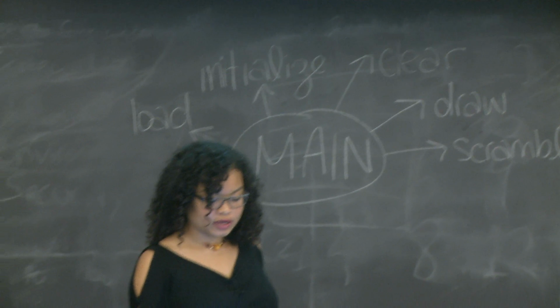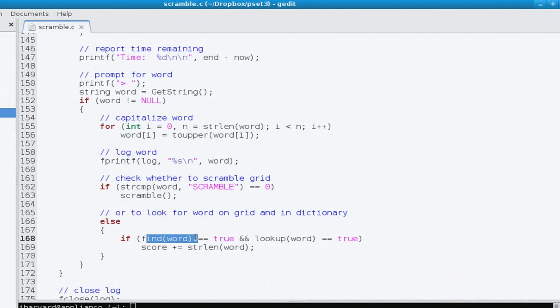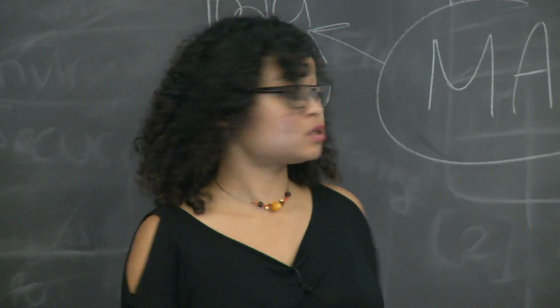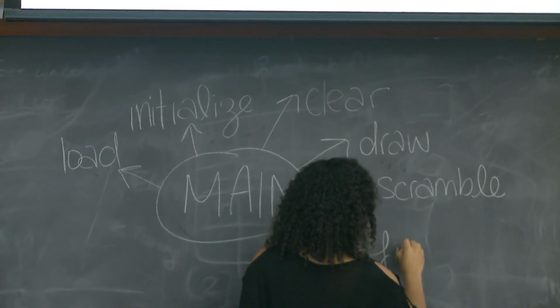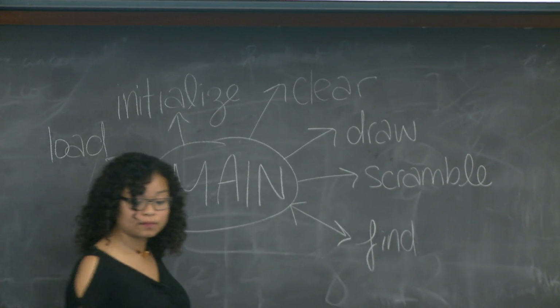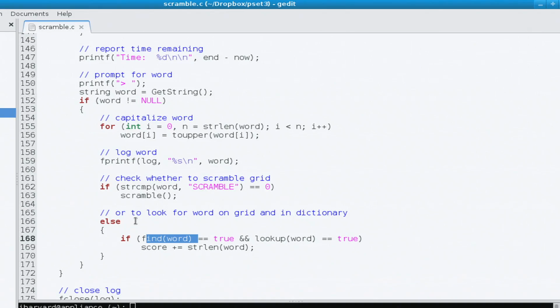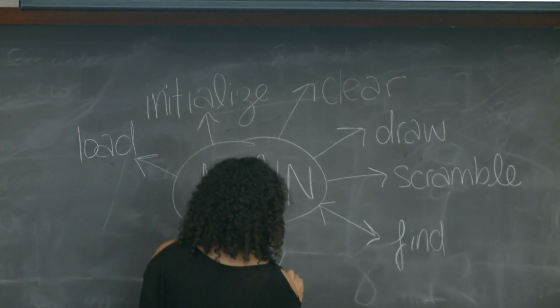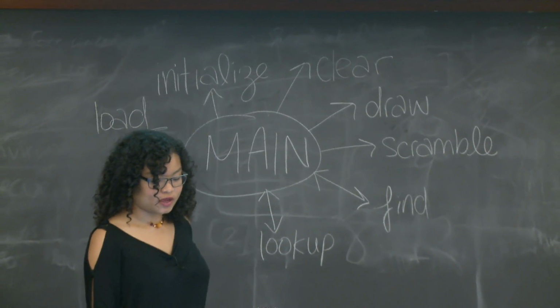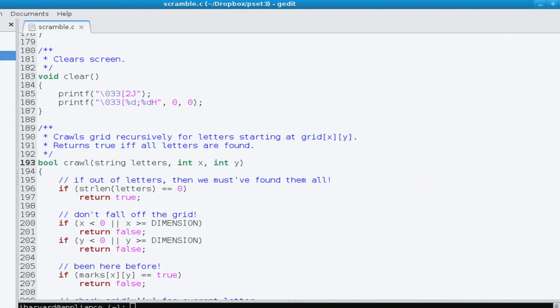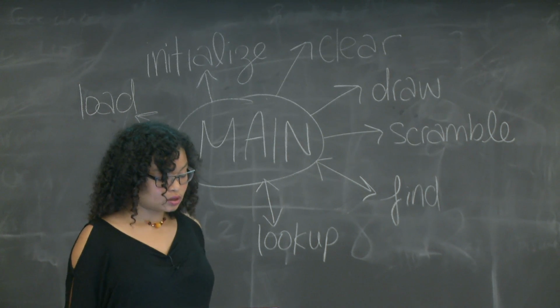All right, and then we have find. Find is another function, and if you recall, it's a Boolean function, so that's actually going to return something back to us. Then we also have lookup. But remember that there's also this crawl function that doesn't seem to have been called in main. That means that some other function is calling crawl.